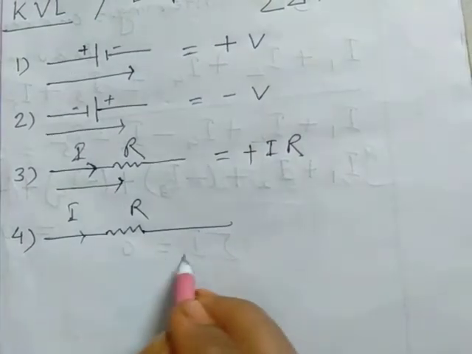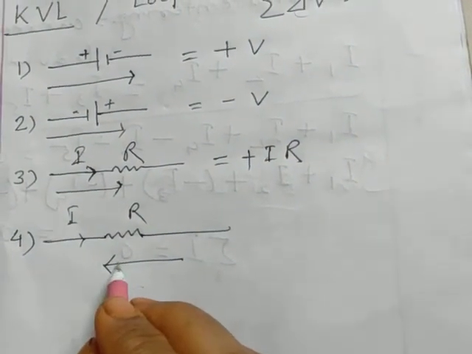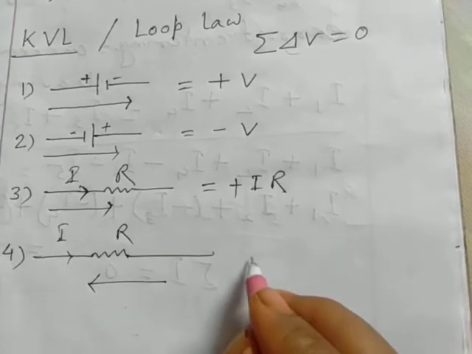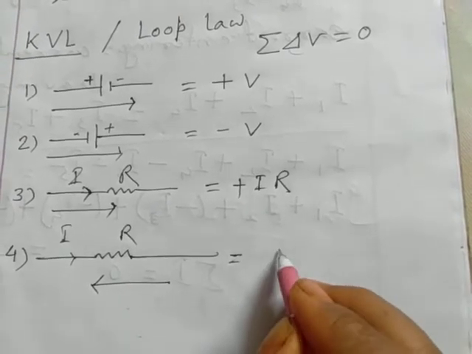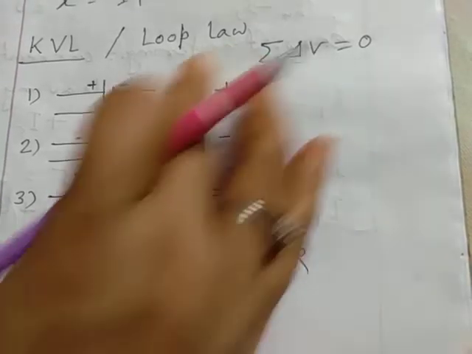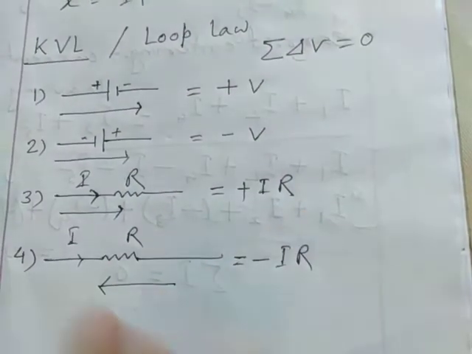And if you are moving in the opposite direction to measure the potential drop or gain in the resistor, then the potential difference will be negative, minus IR.